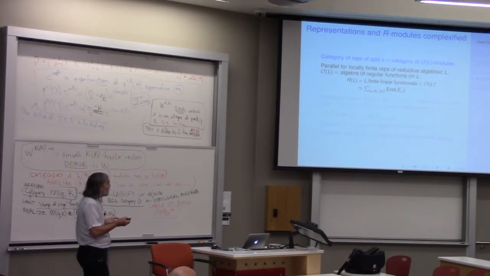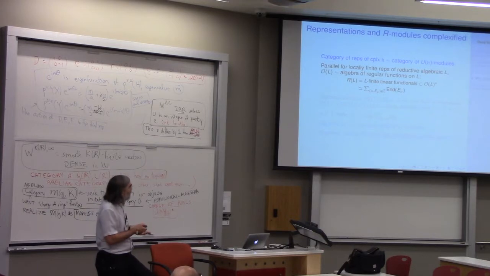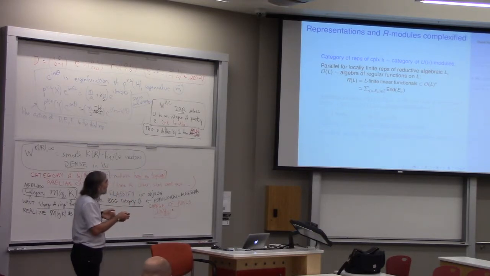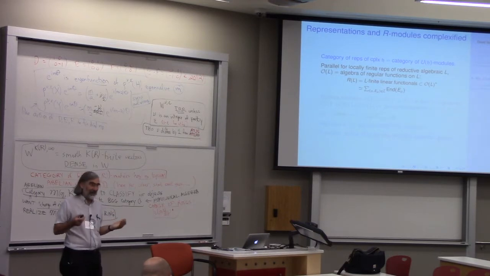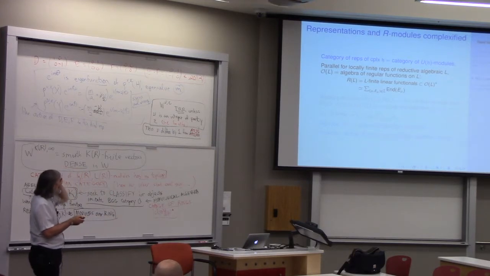So I take the vector space of all regular functions, and I look at linear functionals on that vector space. The group L acts on those linear functionals, and I want to look at the linear functionals where it acts finitely. So R of L is defined to be the L finite linear functionals.